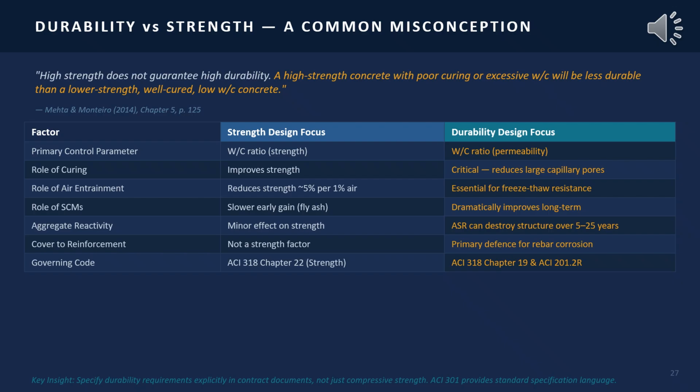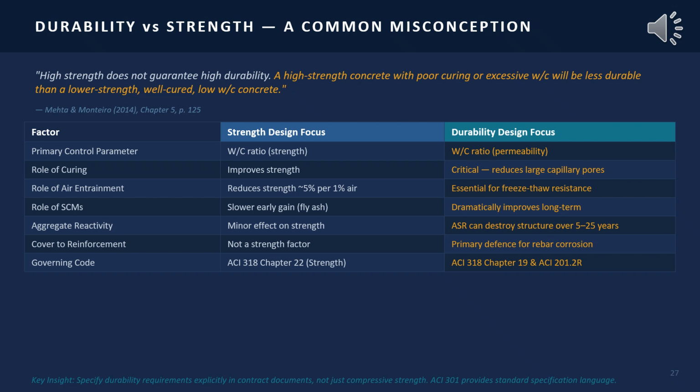If the only acceptance criterion on your project is 28-day compressive strength, you might be pressured to reduce supplementary cementitious material content to hit the strength target, but you would be sacrificing long-term permeability resistance, sulfate resistance, and alkali silica reaction mitigation. So the solution is to specify durability requirements explicitly in contract documents.